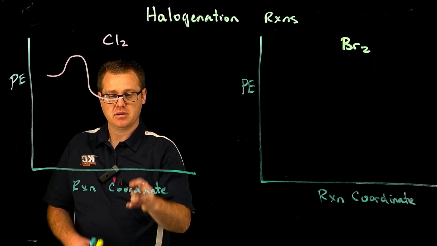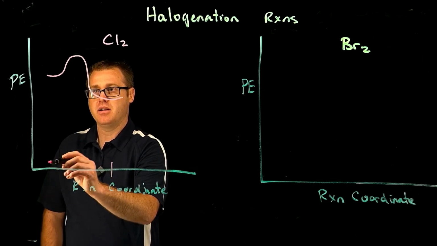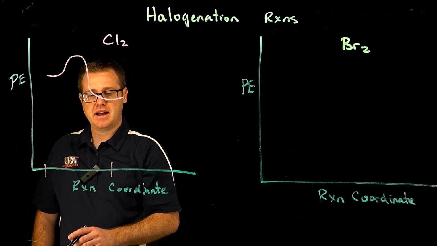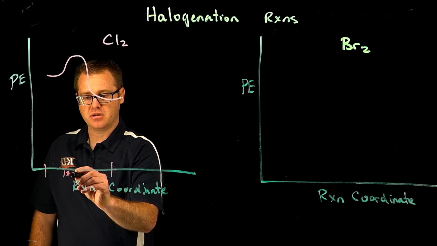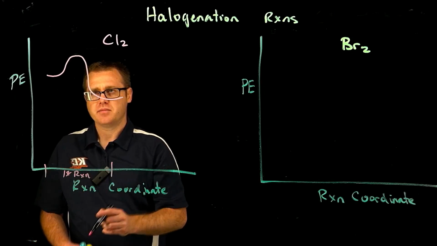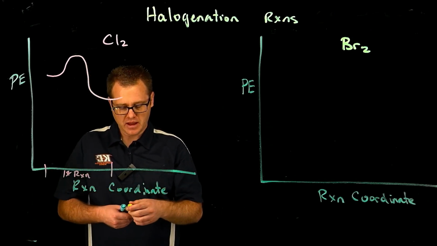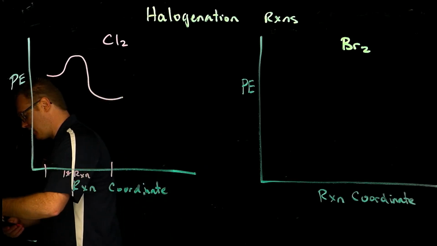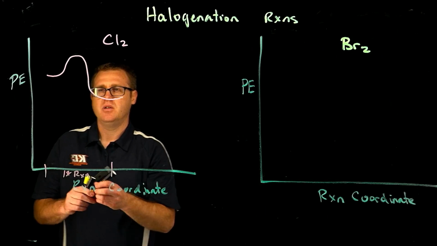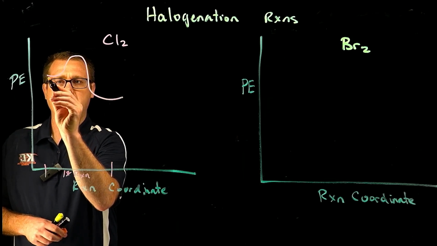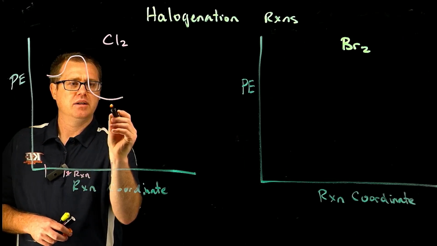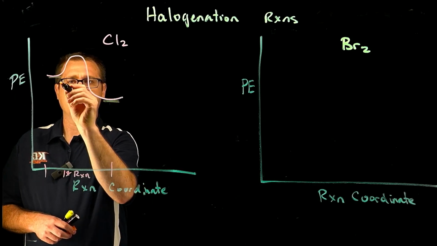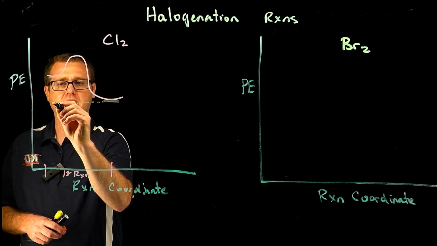So from there to there, that's the first reaction. And what we observe here are the numbers that were given to us when we did those calculations. We noticed that from here to here, there's that energy difference.